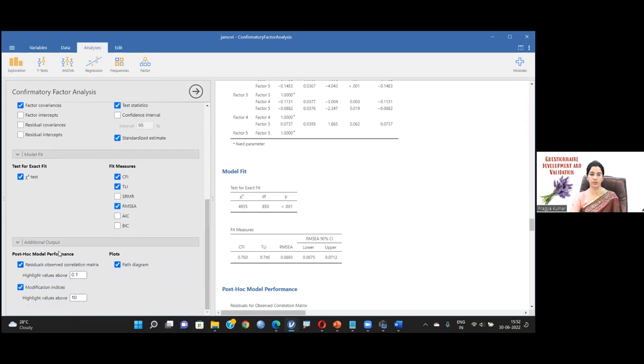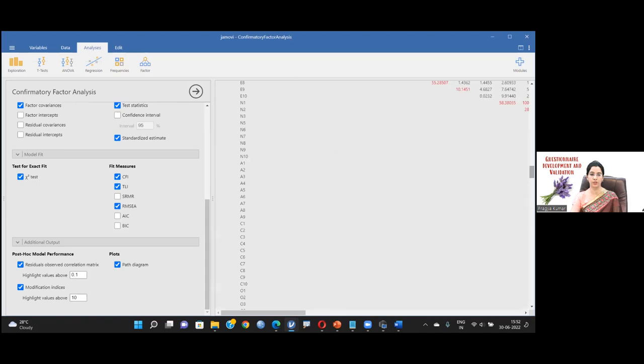And then in this post hoc model, you have to click this highest value above 0.1, because you will only allow the residual to be up till 0.1. Then again, path diagram you can see. And in modification indices, you have to modify whatever value is more than 10. So that's the very basics.